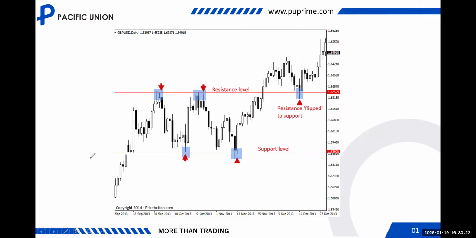Here's another example. You have an established resistance, an established support. Now price bounces off from there, breaks the old resistance, retests it as a support, from where a buy signal was generated.